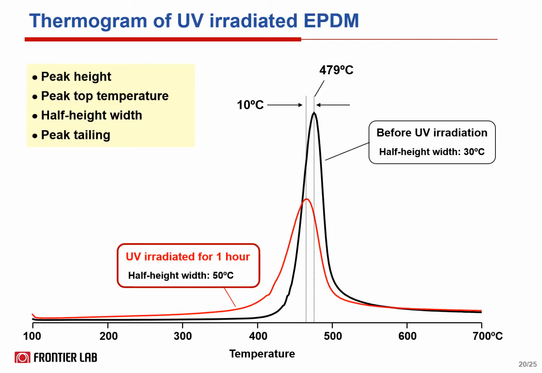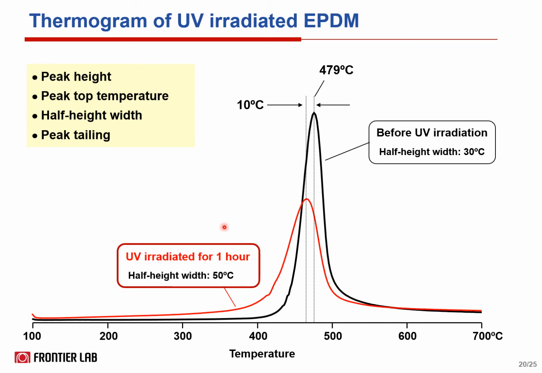The EGA thermograms of the sample before and after 1 hour UV irradiation are shown here. When we compare data before and then after irradiation, we compare peak height, peak top temperature, half height width, and peak tailing.